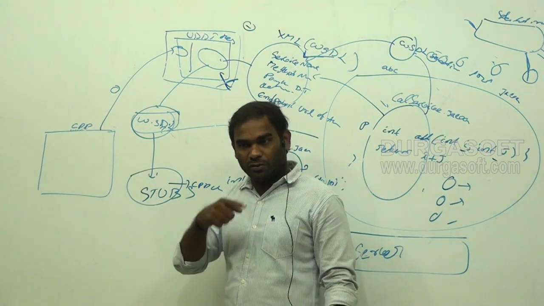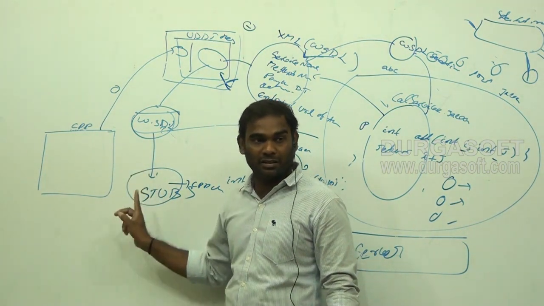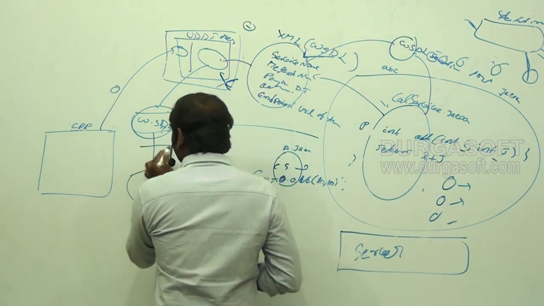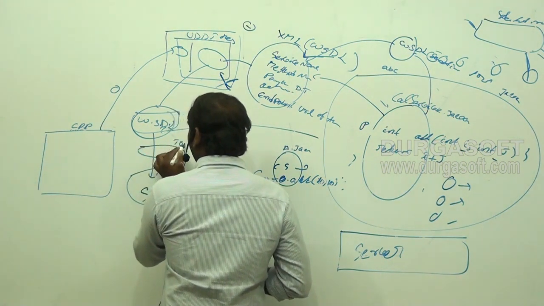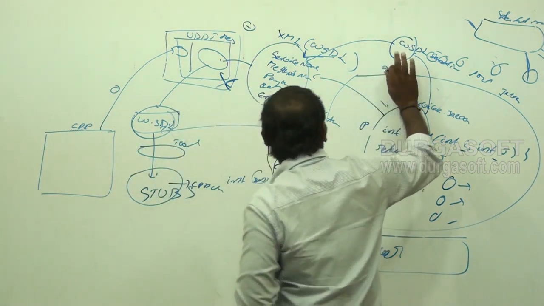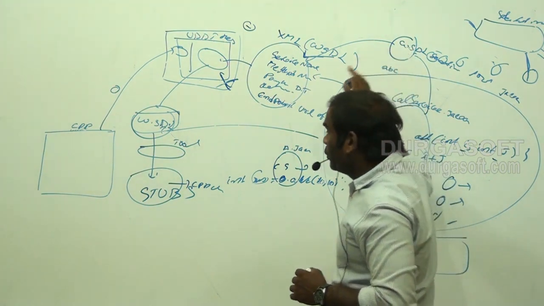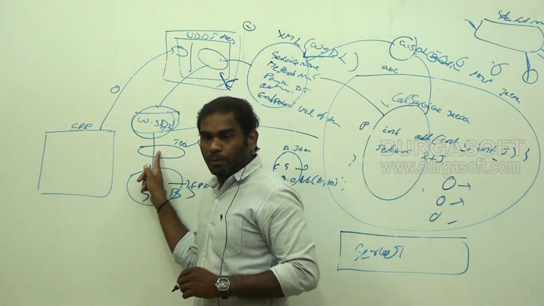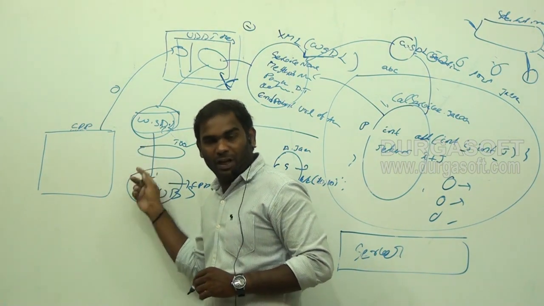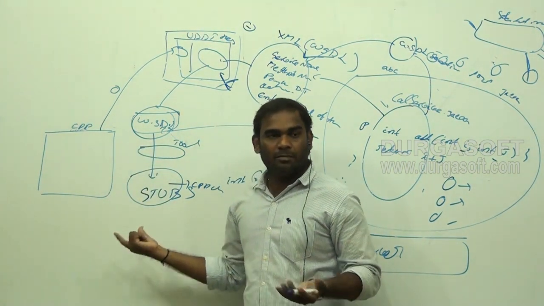Understood? So now the question is, who will generate these classes? Again we will use some tool, like a WSDL generation tool. So what is the input for this tool? The WSDL file. What is the output? Some stubs.